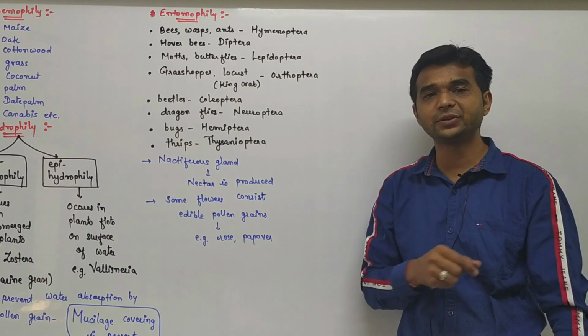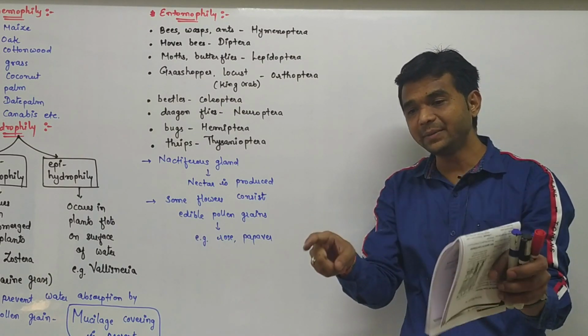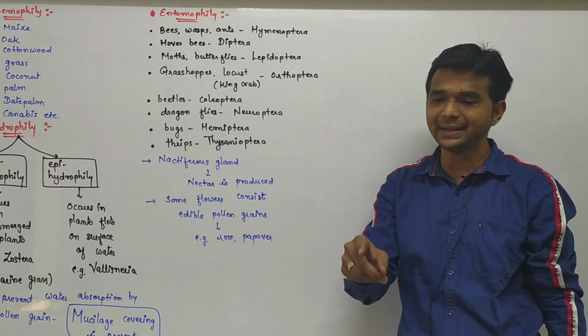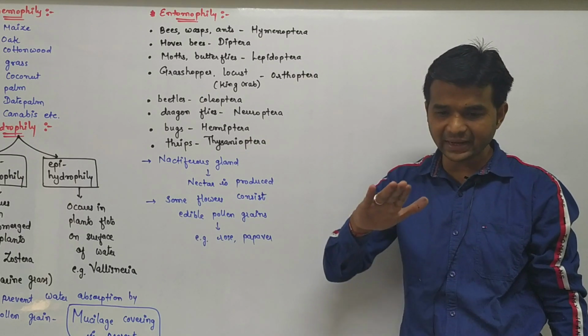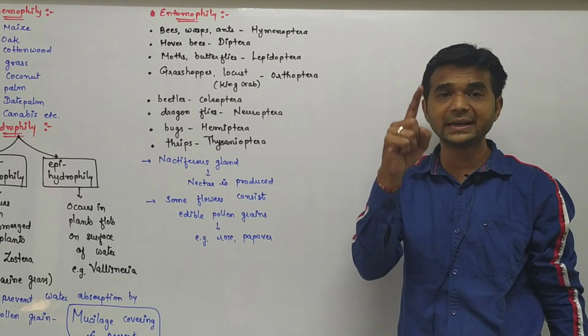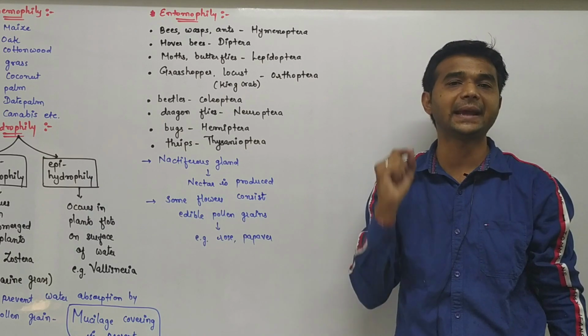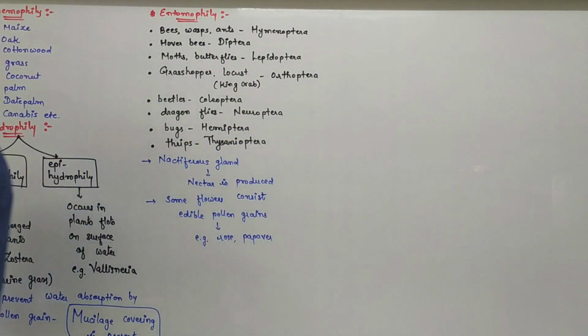Pollen grains are produced in very small numbers. Why? Because pollination occurs at the time when the insect comes in contact with the flower. As a result, very few pollen grains are formed and the pollen grain is sticky. It sticks to the body of the insect. Okay, so these are the different types of insects taking part in entomophily.